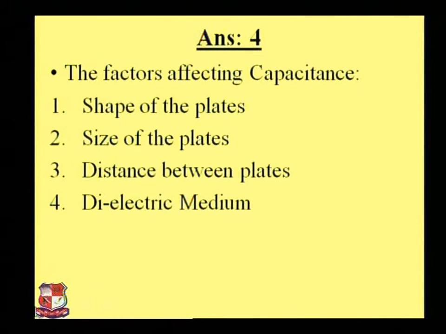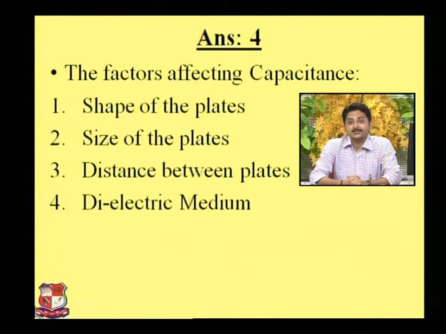The factors which affect the capacitance: there are generally four parameters which affect your capacitance. First of all, the shape of the plates. You have to define the shape of the plate. They are either circular or square, whatever, so that directly affects the capacitance of the capacitor.